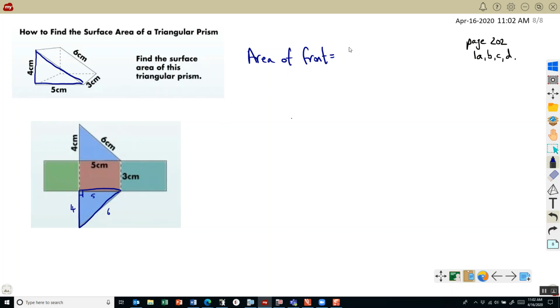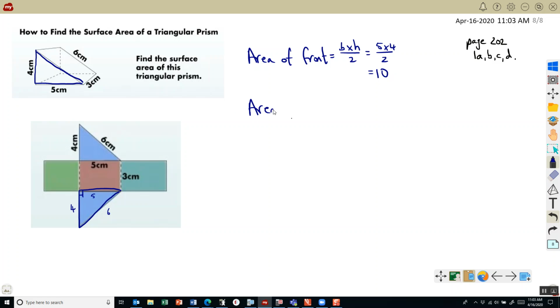Now, to work out the area of a triangle, it is base times height divided by 2. What is the base and what is the height? Well, the base and the height, remember, have to meet at 90 degrees. So the base is 5 and the height is 4. So 5 times 4 divided by 2. 20 divided by 2 is 10. So that is the area of the front.